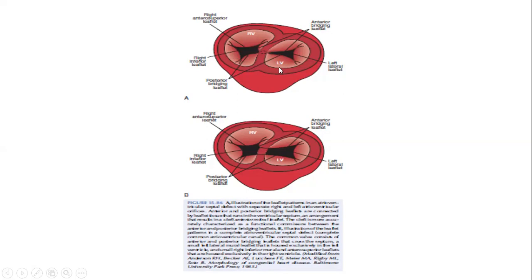Whereas the posterior bridging leaflet and anterior bridging leaflet lie in between the right and left ventricles. There can be a ventricular septum between the two, or there may not be any ventricular septum. If the AV valve ring is attaching to the crest of the ventricular septum, it forms two cavities, a right ventricular cavity and a left ventricular cavity. If it is not attached to the crest, it forms a single cavity like this.